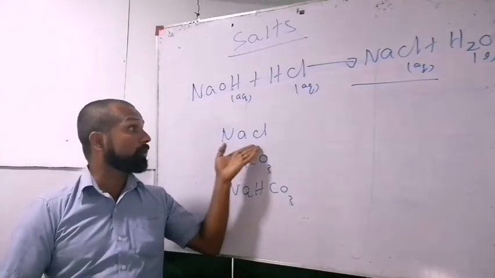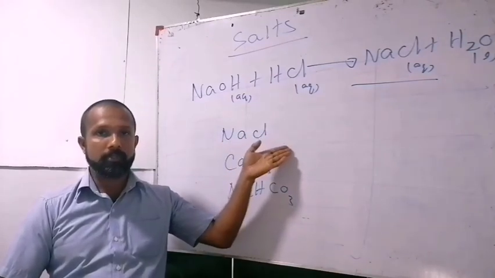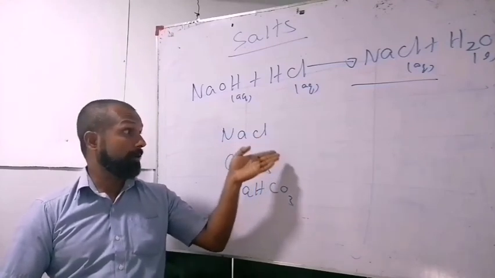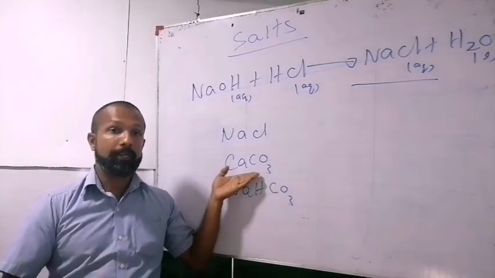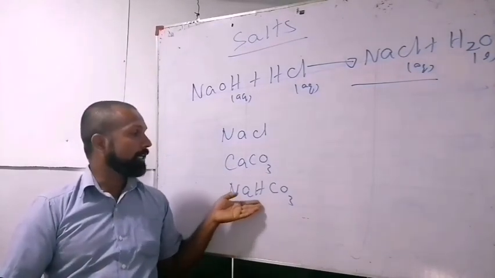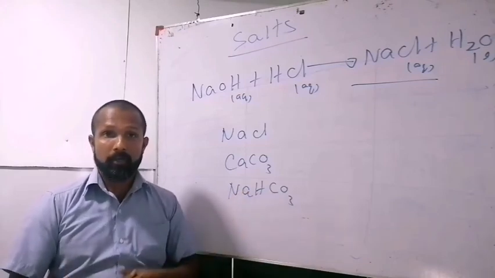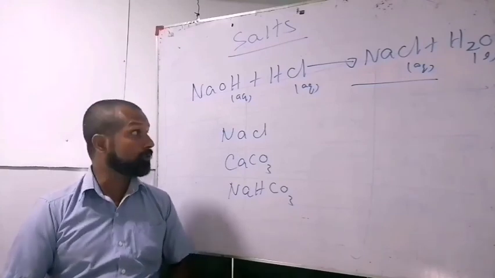We use sodium chloride for cooking purposes, to give taste, and calcium carbonate is used in the lime industry, and sodium bicarbonate is also used in the bakery industry. You can refer to the textbook to understand about the uses of salts.